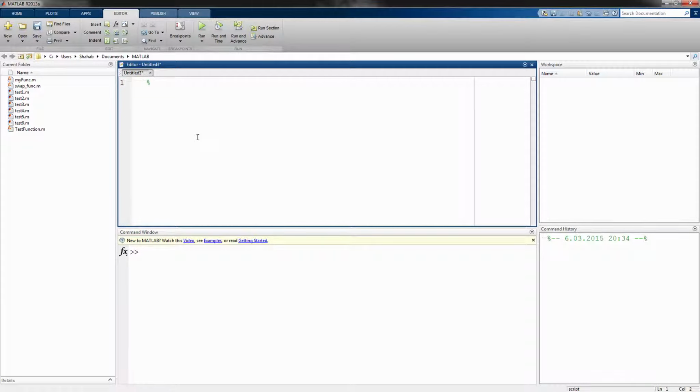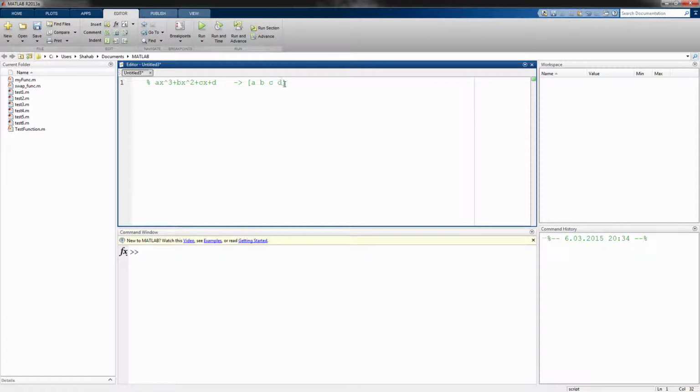For instance, if we have ax to the power of 3 plus bx to the power of 2 plus cx plus d, this polynomial in MATLAB is defined as a vector of a, b, c, d.